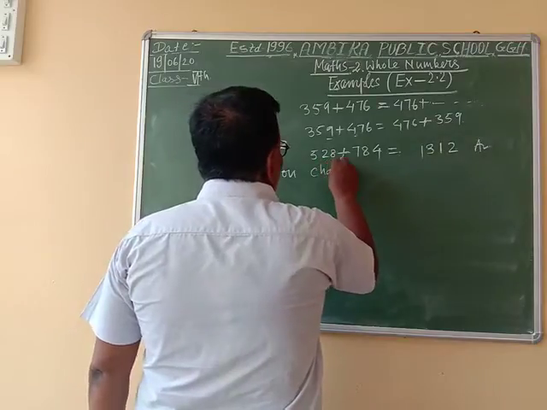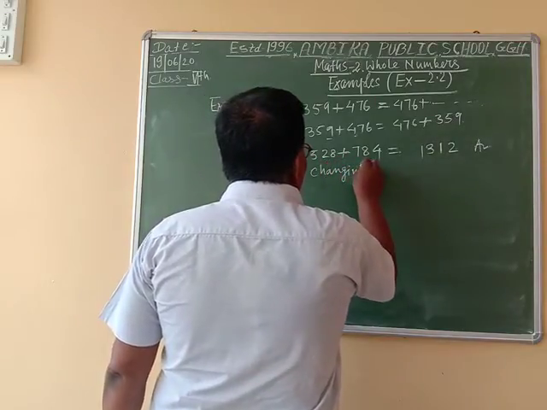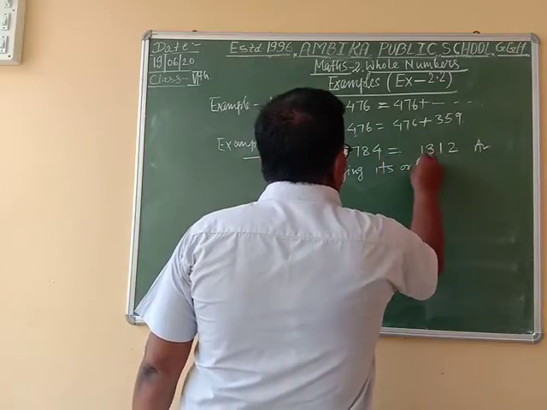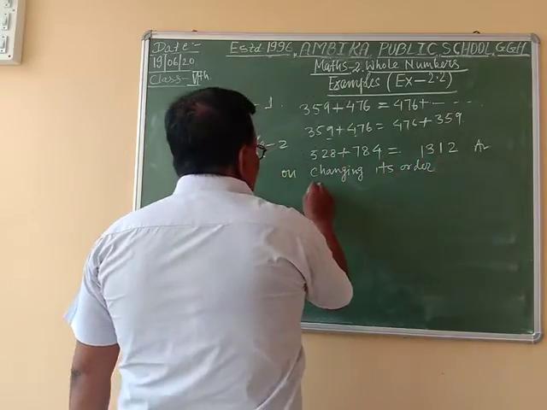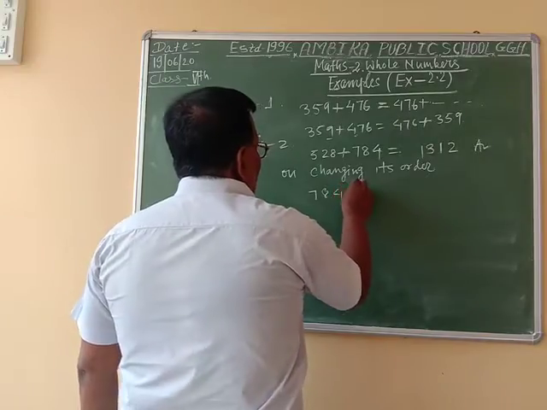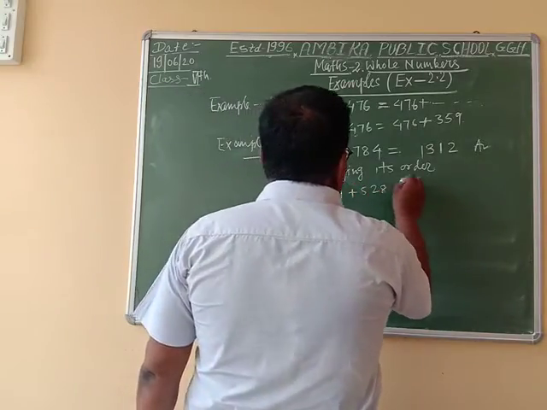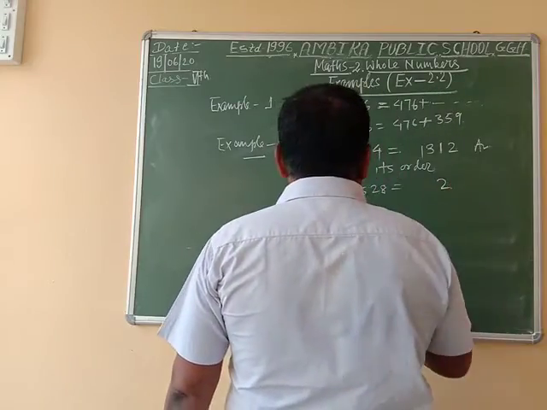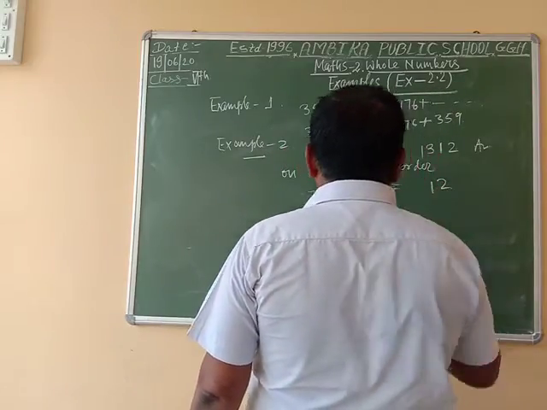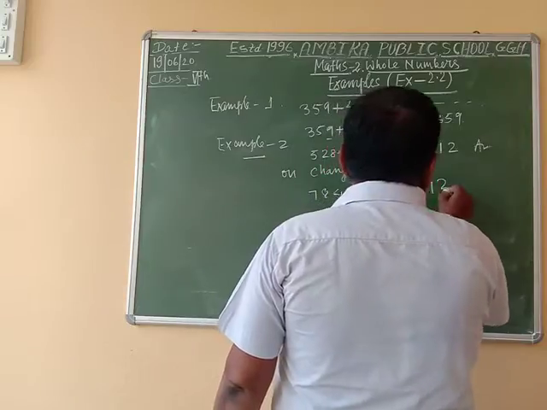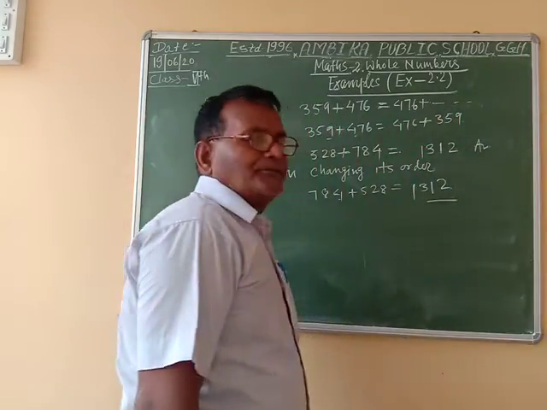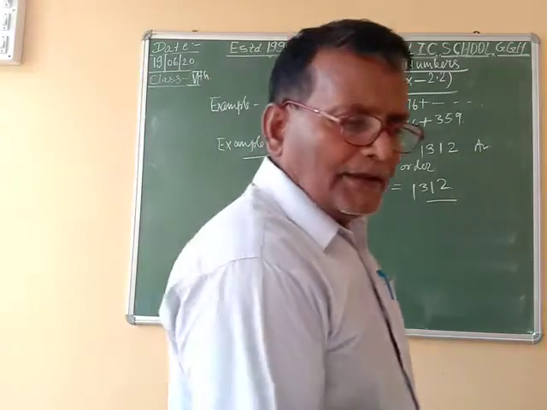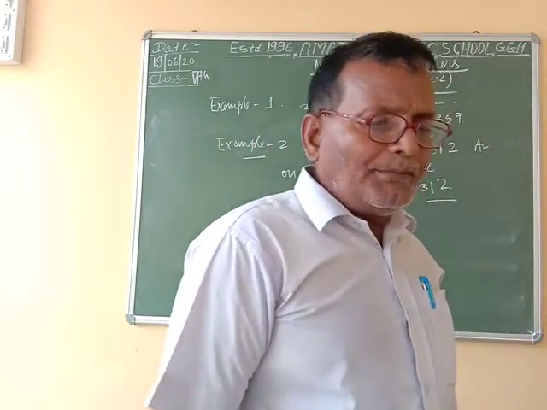On changing its order, 7, 8, 4 plus 5 to 8 is equal to 8 and 4, 12; and 2, 10, 11; 7 and 5, 12, 13. So the sum will be the same. If we change the order of the digits, then the sum will be the same.